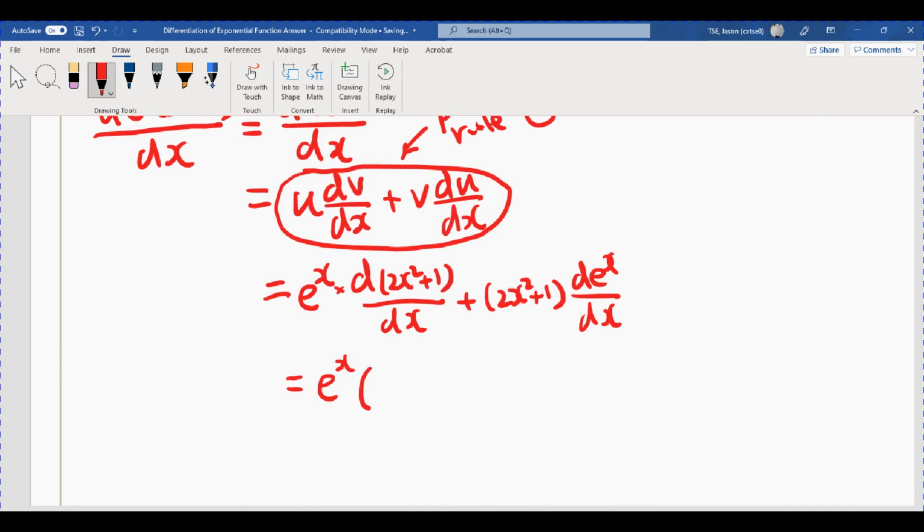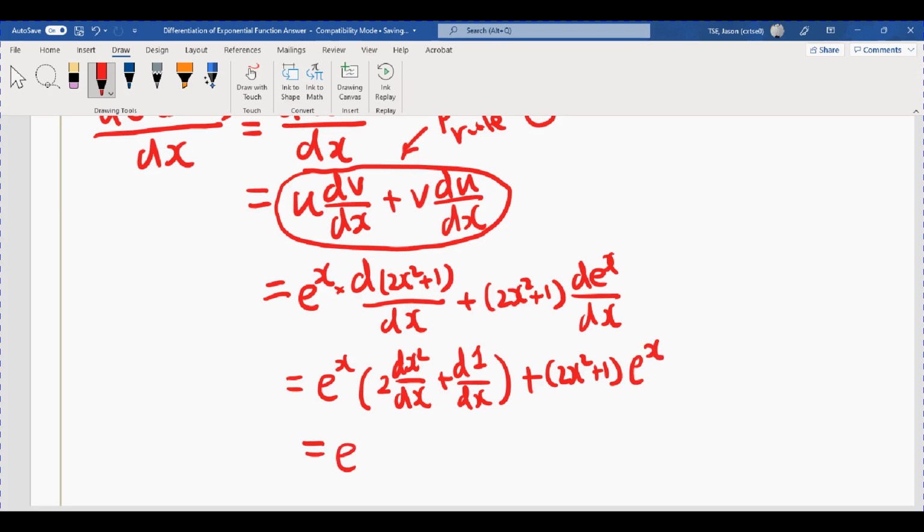Okay, so how about the first part of it? Remember you put 2 out, 2 dx squared. And the second part of it, d e^x over dx, which is just e^x. And I'm going to simplify this a little bit.